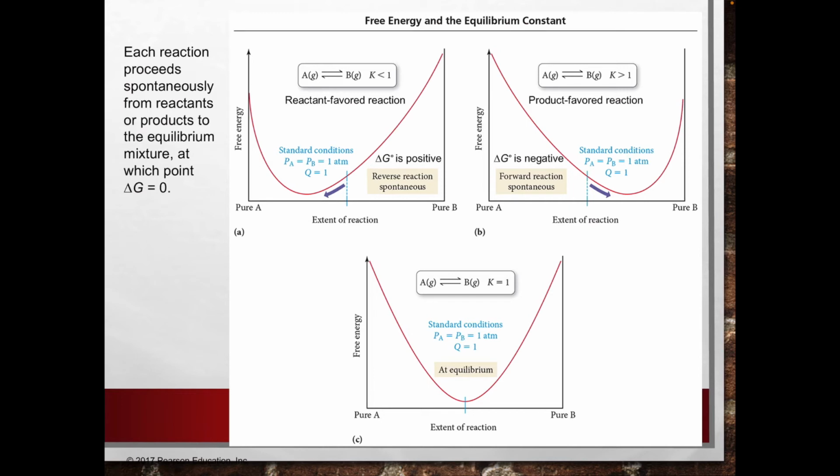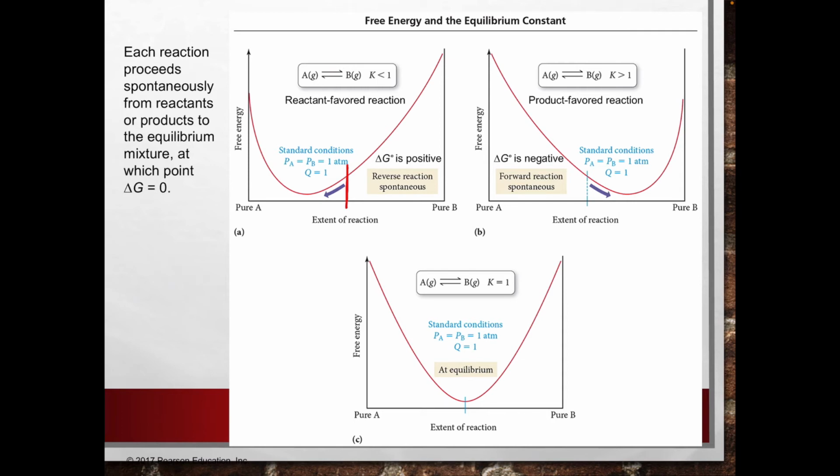So in looking at this, on the top left, we have a reactant favored reaction. So let's say we were starting at standard conditions. So this is standard conditions where everything is at 1 atm. And if we had a reactant favored reaction, that would mean K is less than 1.